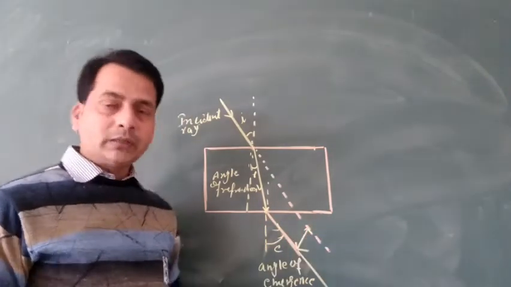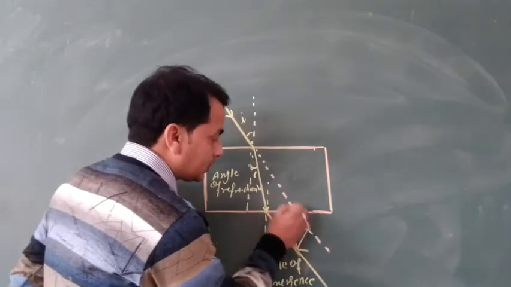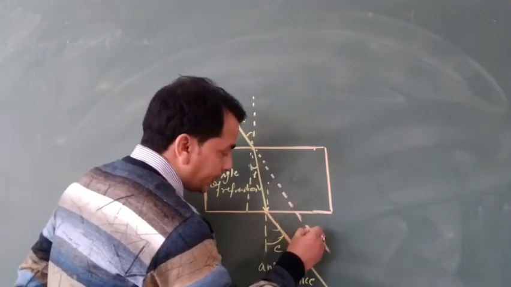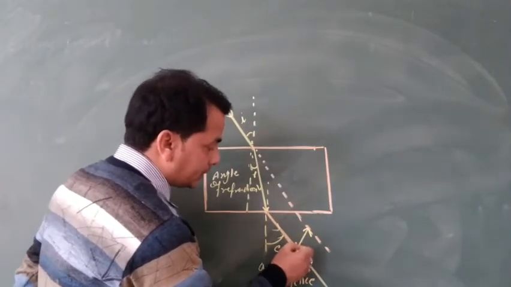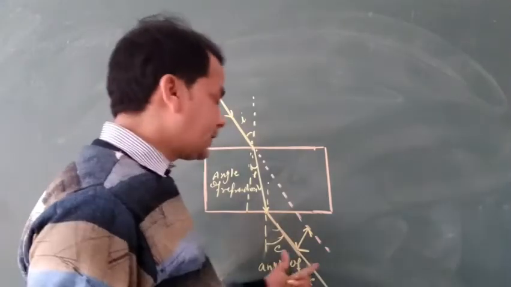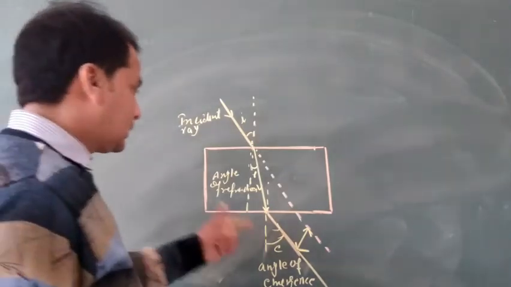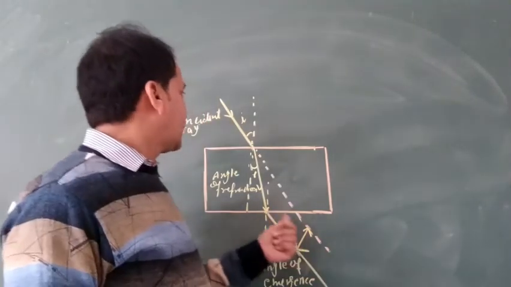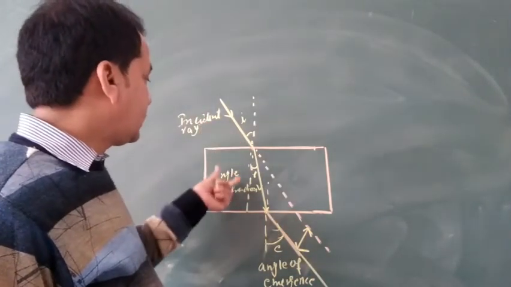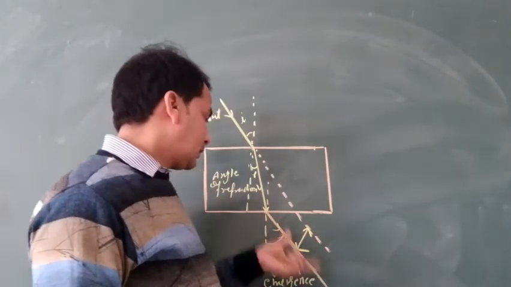If we extend the original path of the incident ray, the perpendicular distance between the incident ray and the emergent ray is called the lateral displacement. So this diagram shows the incident ray, refracted ray and emergent ray.